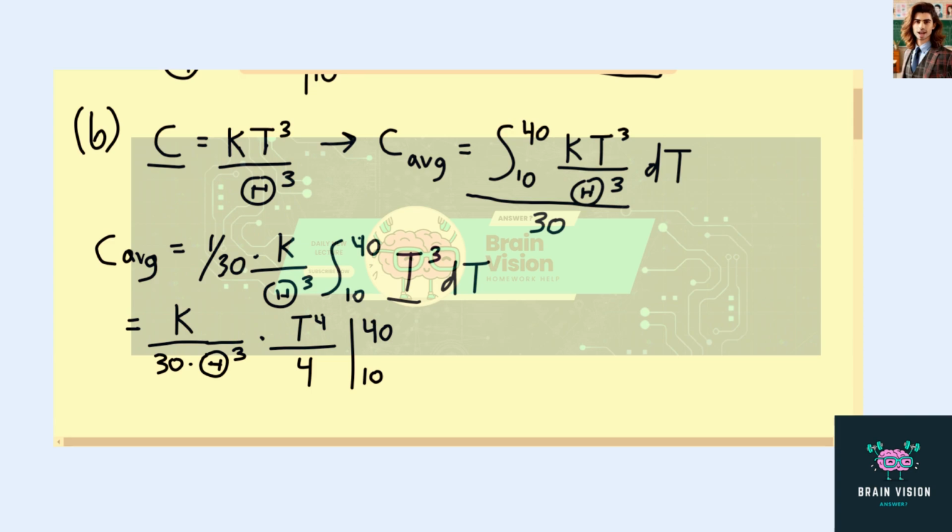After you evaluate that, you get that your average molar heat capacity is 1.86 or 1.87.